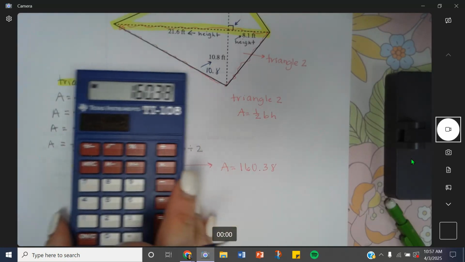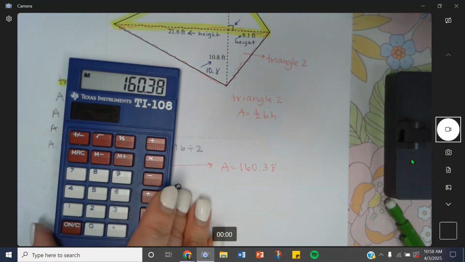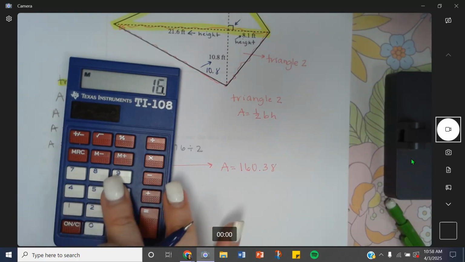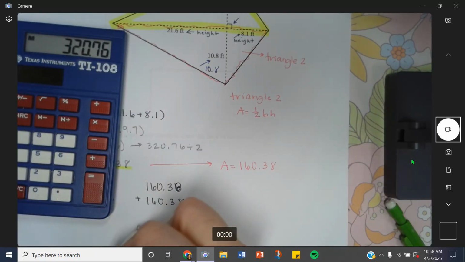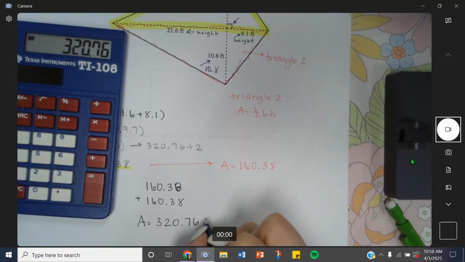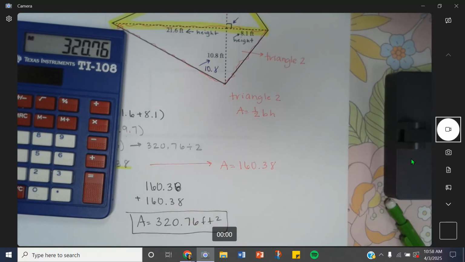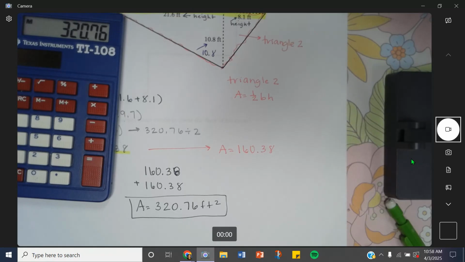We can use our calculator to solve that. 160.38 plus 160.38 to get an area of 320.76 feet squared for the entire polygon.